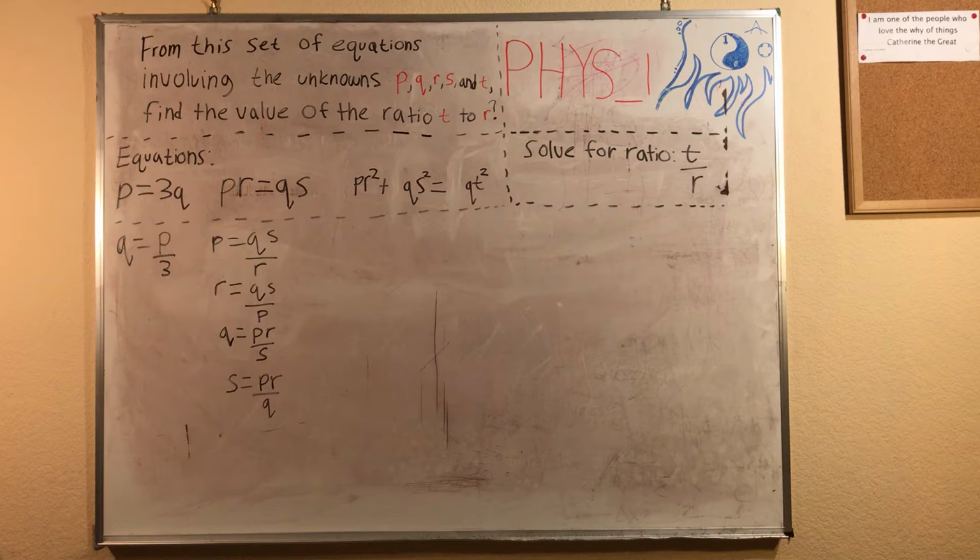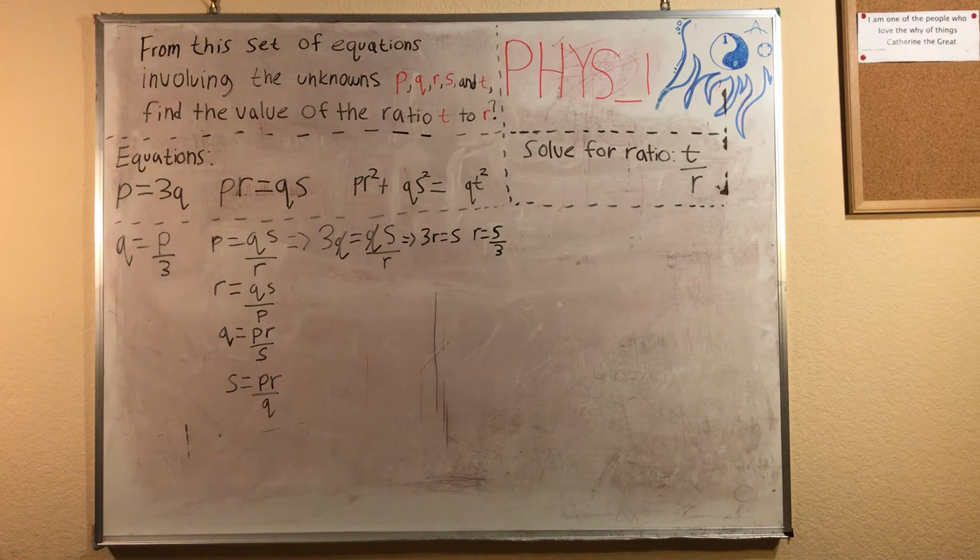Substituting that in, we get 3q equals q times s divided by r. With a q on both sides, we can cancel them out, leaving 3 equals s over r. Multiplying by r on both sides gives s equals 3r. Or cross-multiplying, we can also get r equals s over 3.